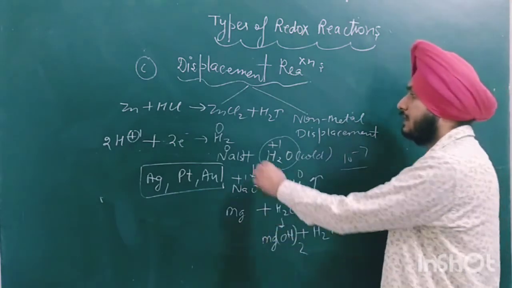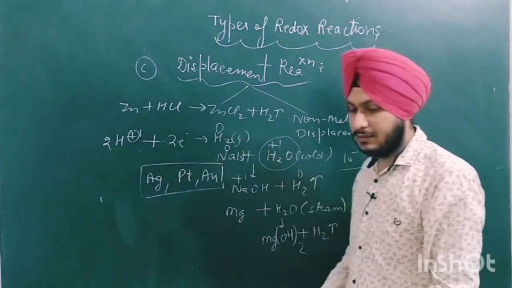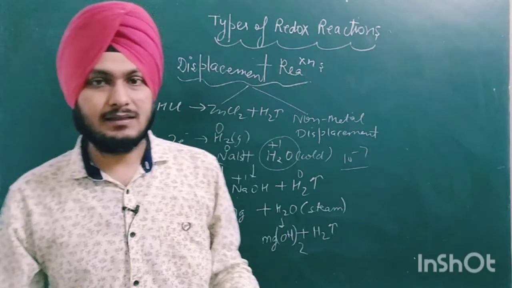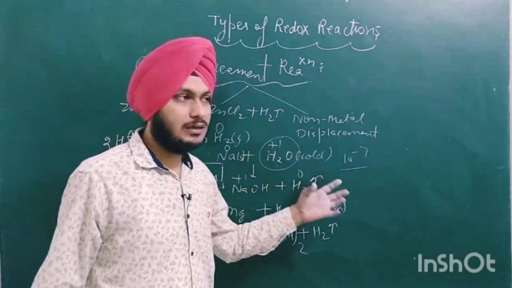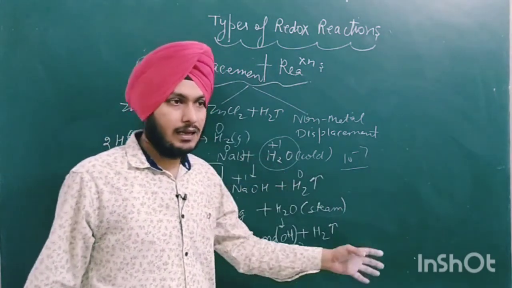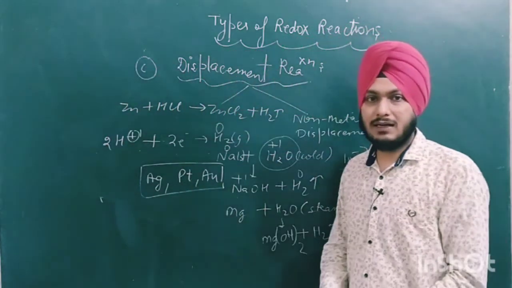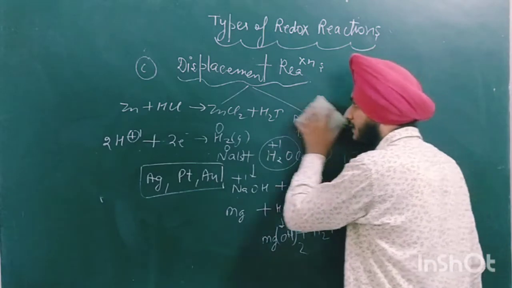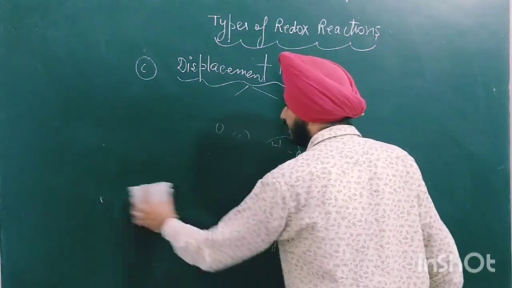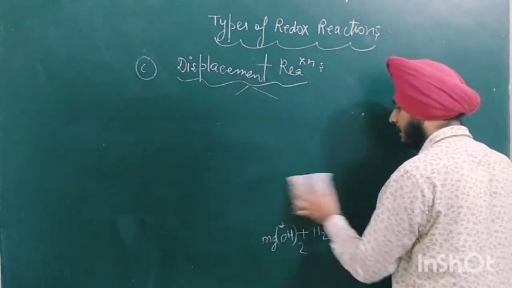So we can easily compare different metals just by reacting them with cold water and hot water, then with steam, and at last with acid also. So we will get a reactivity series. The alkali metals are the most reactive metals.